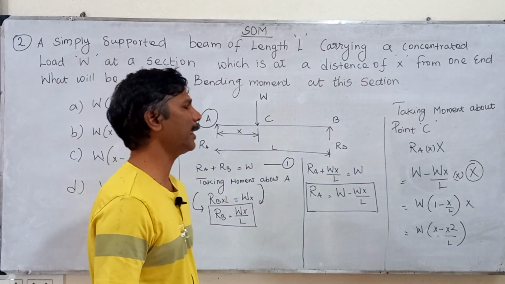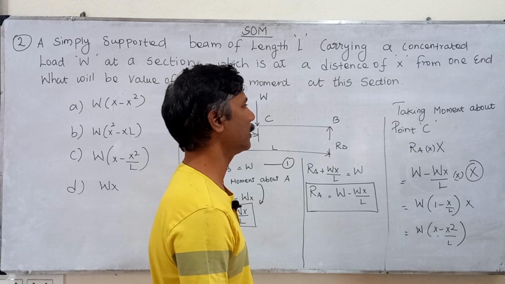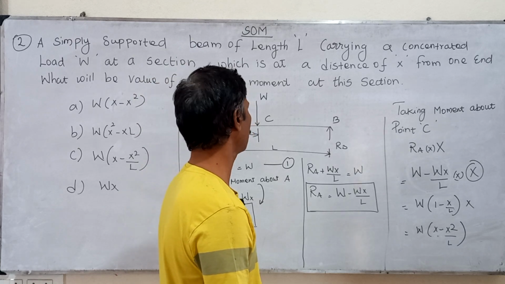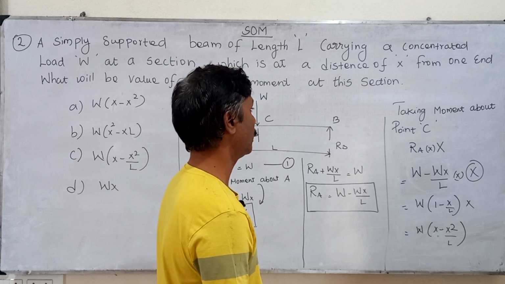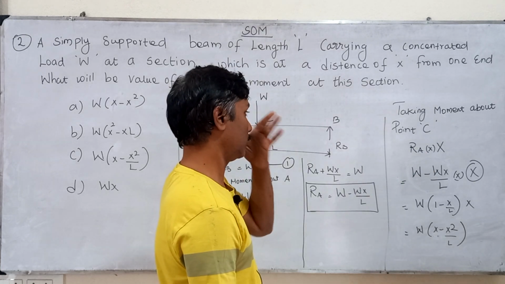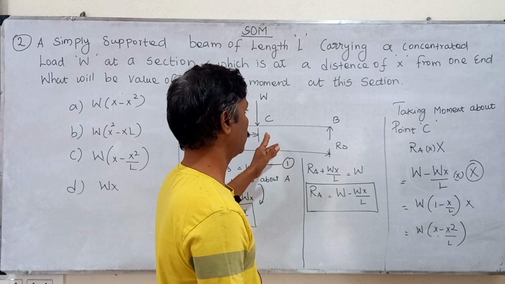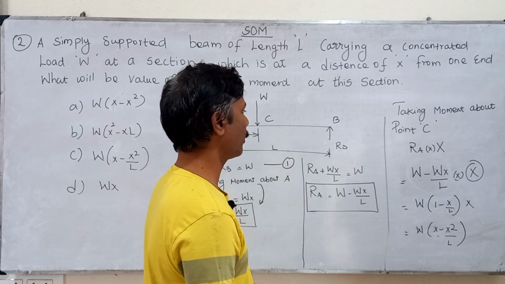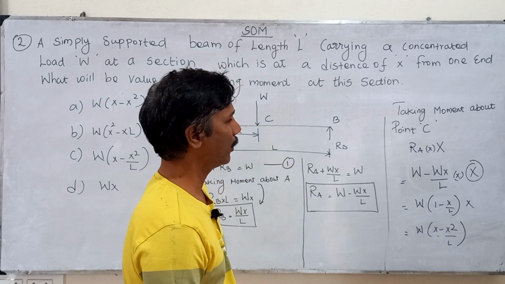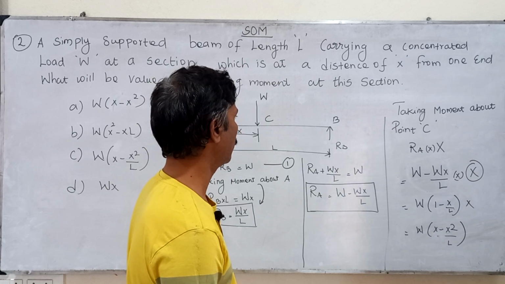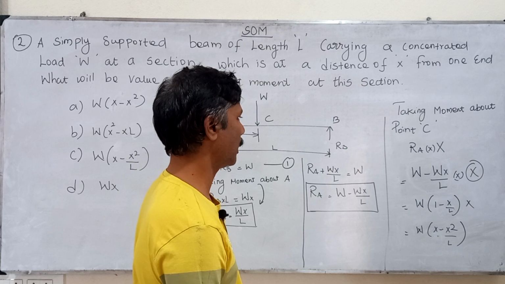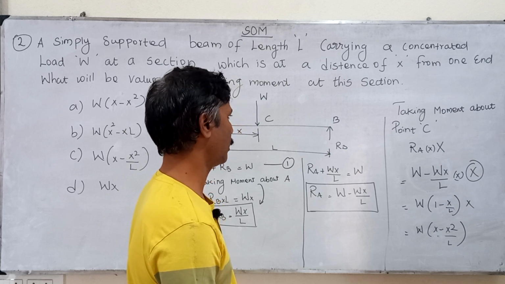Next, we are taking the moment about the point C. When you take the moment about the point C, we are having two things, Ra and Rb.